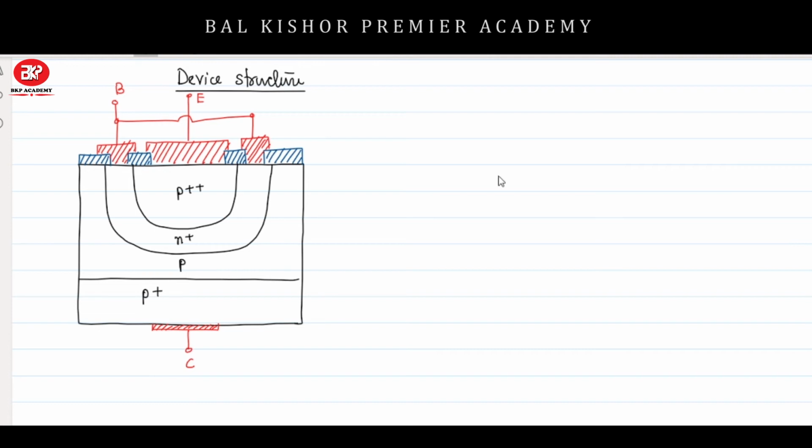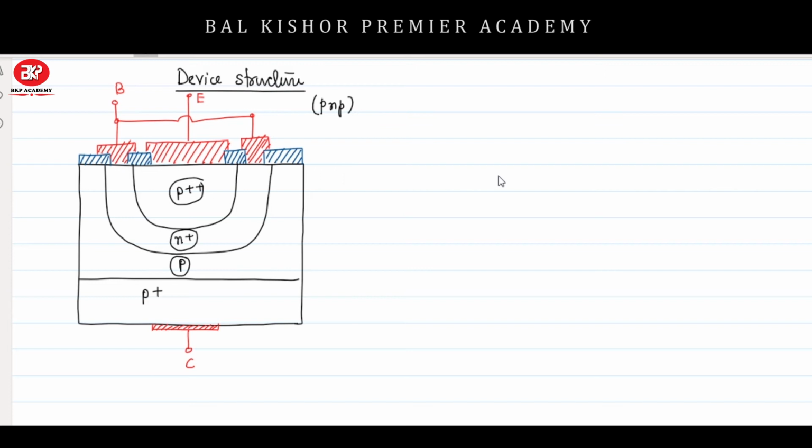This is the original structure of a PNP transistor, where the P region, that is the emitter region, is highly doped. Next, the doping of the base region is N plus, then the collector is P. So from this structure we can see that the doping of the emitter region is the highest, then the base region doping, and then the collector region doping.